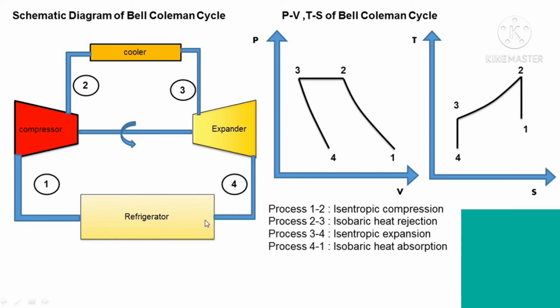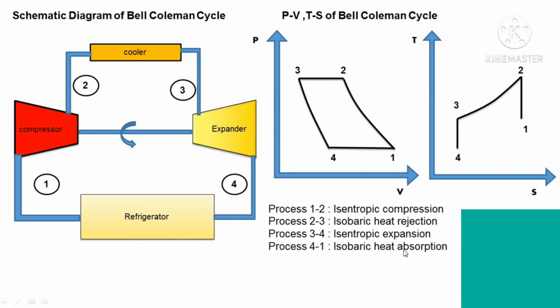That process is known as what? Isobaric heat absorption. Then, during this process, the pressure remains constant, so on PV diagram, the line becomes a horizontal line. 4 to 1 is the isobaric heat absorption, and the cycle becomes closed.